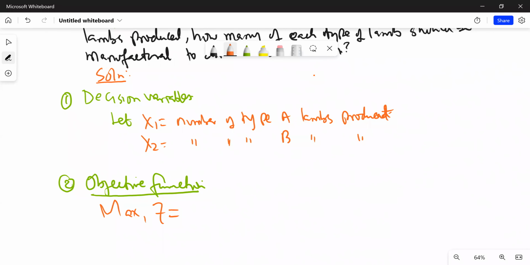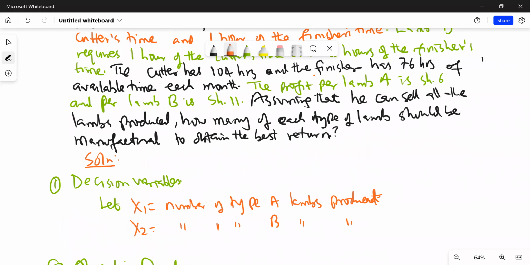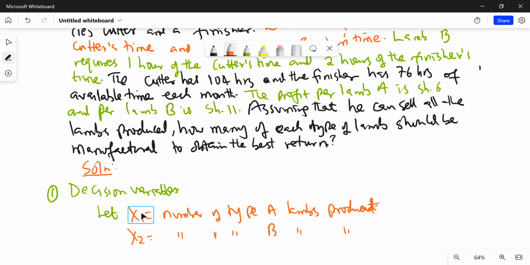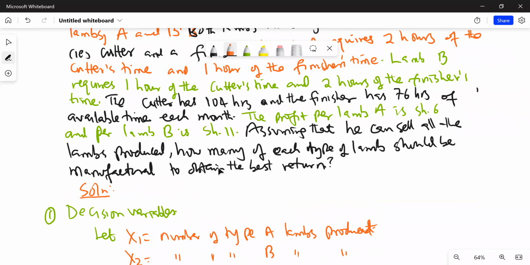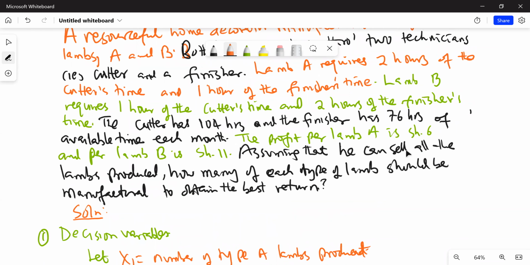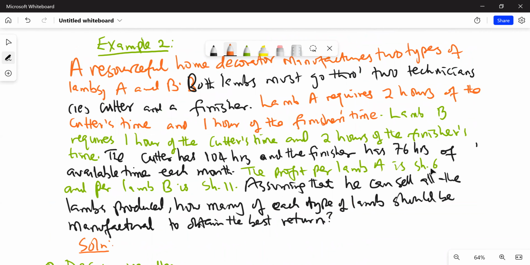And here we write down a function of total profits from the information given. We are producing X1 units of type A, and the profit for each of these units is given here. The profit per unit of type A lamp is 6 shillings, and the profit for type B lamp is 11 shillings.